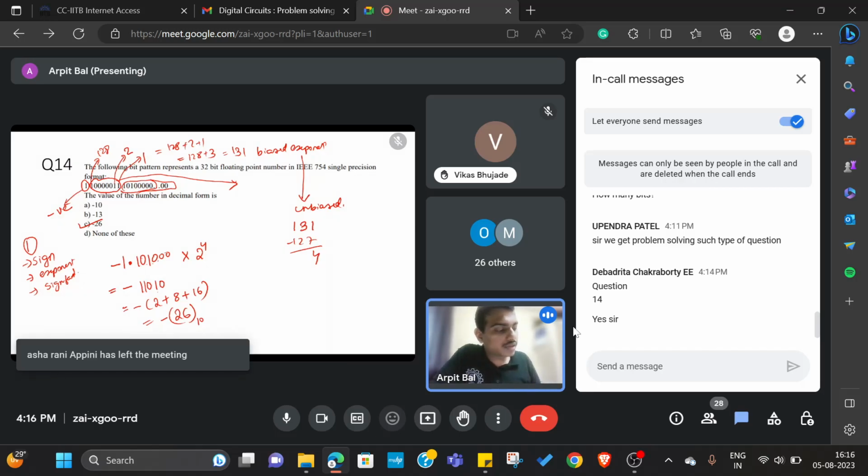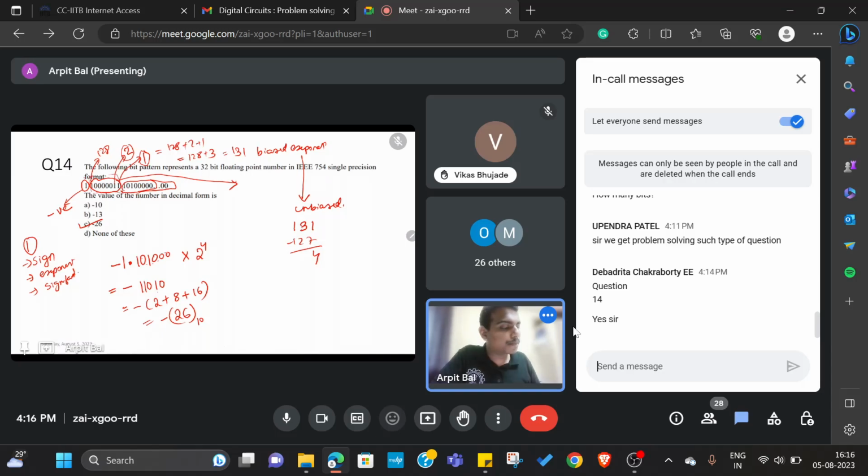We have a 1 at the very beginning, which represents 128. Then we have a 1 at the end, which means the value is 1. Then you have the 1 at the second position, which means the value is 2. So I converted the value given in the exponent field into decimal. That is 131.